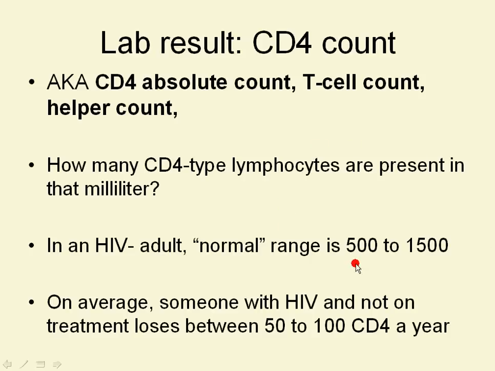If someone started at about 500 when they became HIV positive, and loses 100 a year, then they have 3 years before they fall to what's considered the AIDS diagnosis. But if someone starts at 1500 and loses 100 CD4 a year, then they have 12 years before they fall to that AIDS diagnosis range.